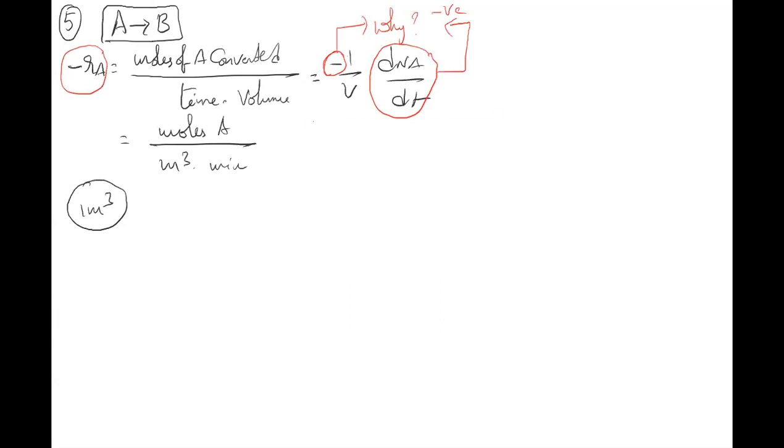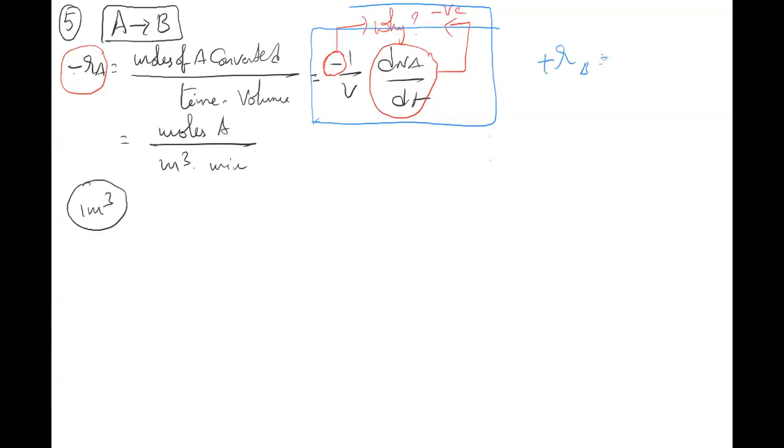If somebody asks what is the rate of reaction, you have to write it like this. You can write rate with respect to B also. If I write rate with respect to B, you don't need to put a negative sign, because I am putting the negative sign here since A is a reactant and it is decreasing with respect to time.